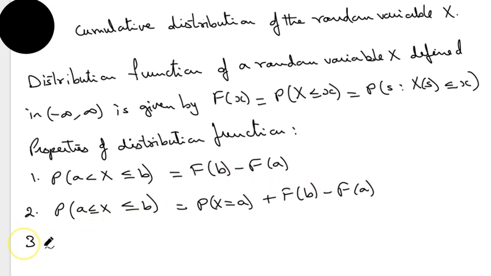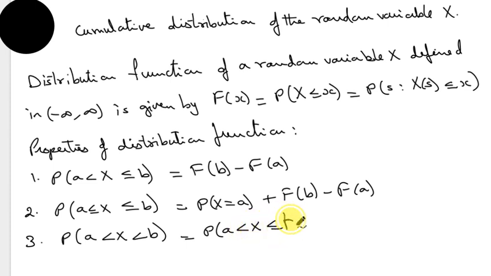Your third: probability of a strictly less than x less than b is equal to probability of a less than x less than or equal to b minus probability of x equal to b. Your fourth: probability of a less than or equal to x strictly less than b.